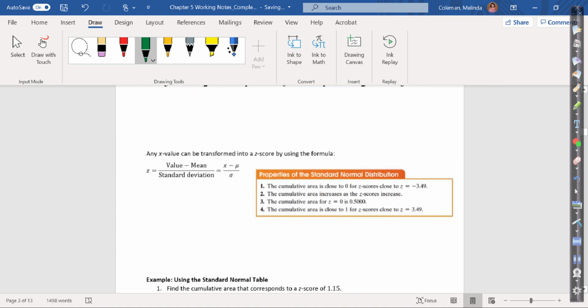So what we do then is we're going to take any x value, any data point, and we're going to convert it to what we call a z-score, so that I now can use my calculator.